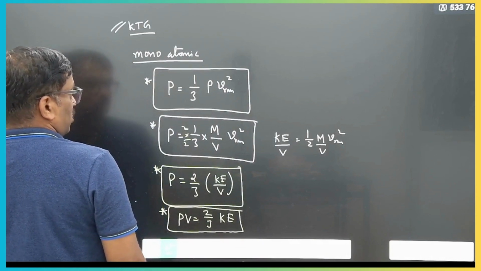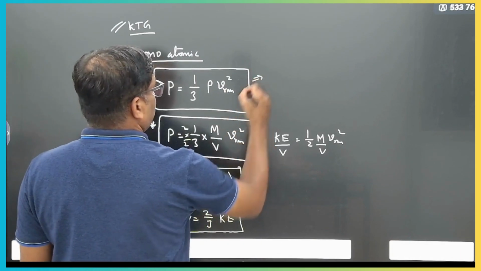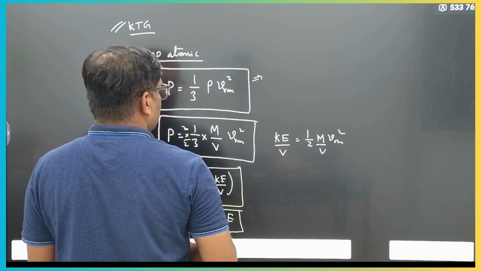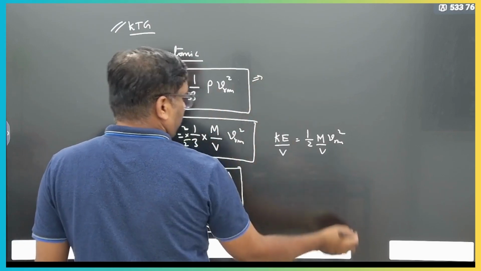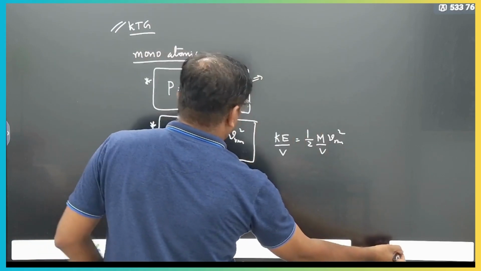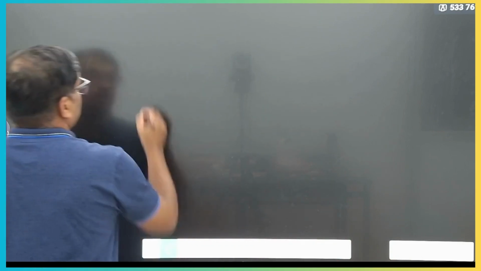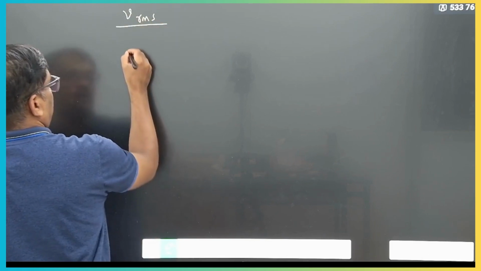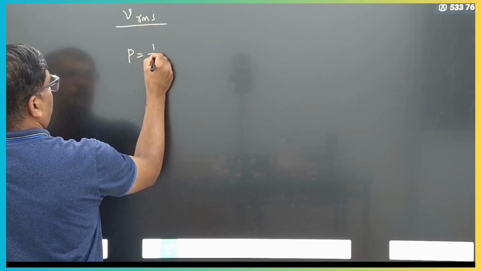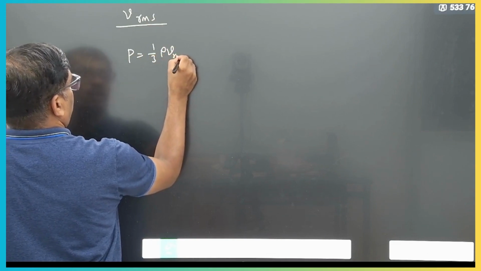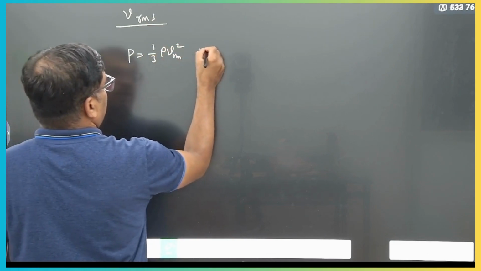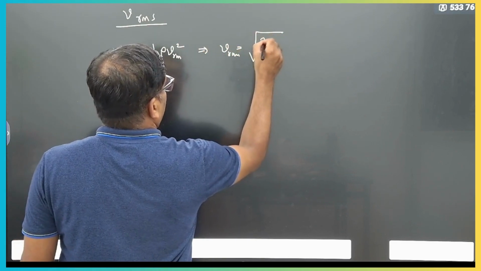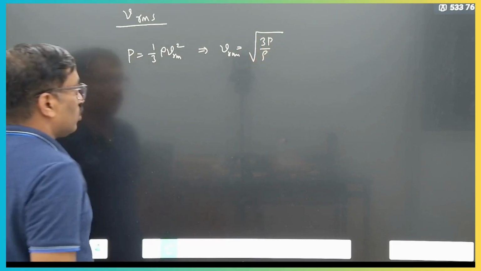Here, most important, we will write the RMS speed. What is the RMS speed formula? Please keep in mind that pressure equals 1 by 3 rho Vrms square. Therefore Vrms equals root of 3p by rho.